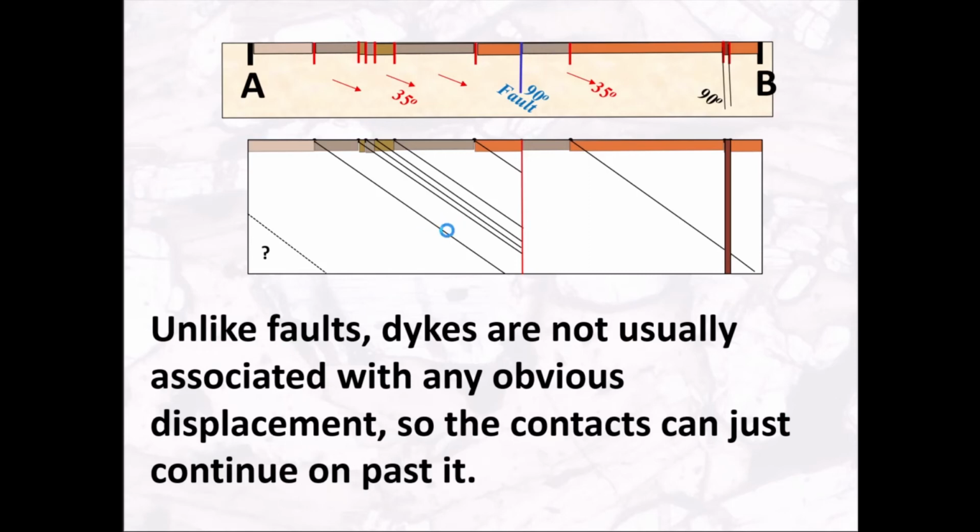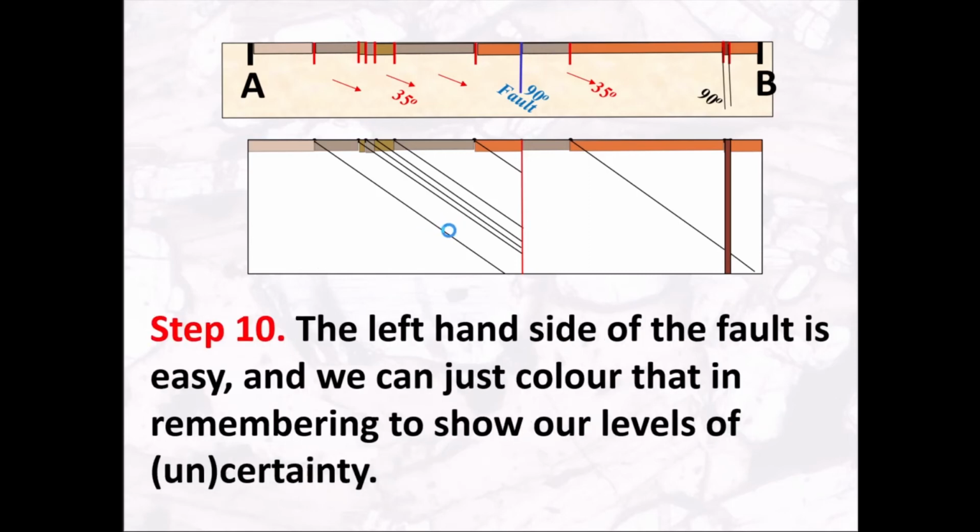Now the left hand side of the fault as we look at it is easy to colour in, because we know that these rocks are parallel bedded. That's what they look like on the map, and we know we've got the top and bottom of most of them, so we can continue them at a constant thickness down to the fault.